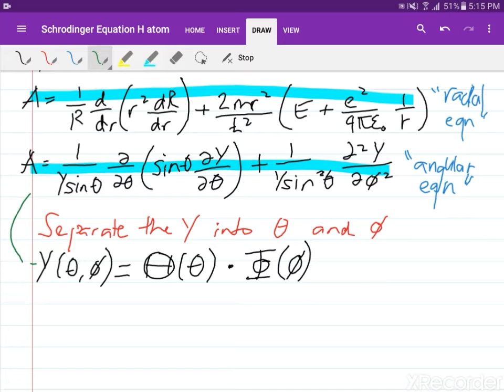Okay, so now let's put this solution in our angular equation.